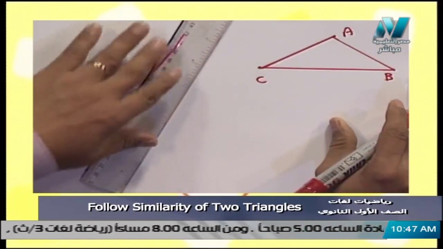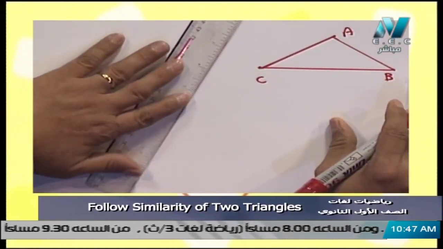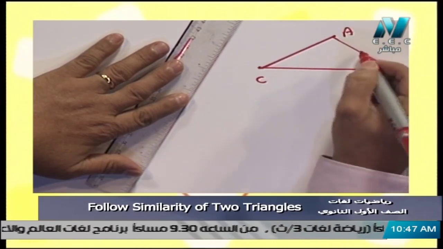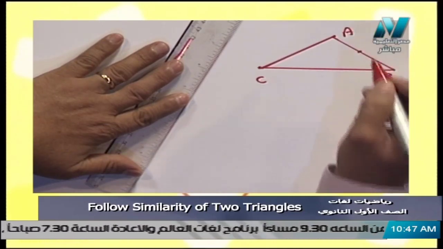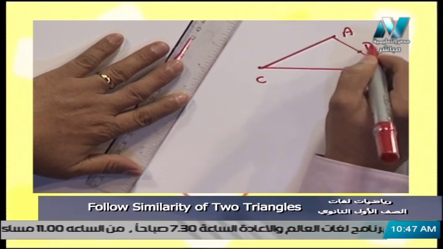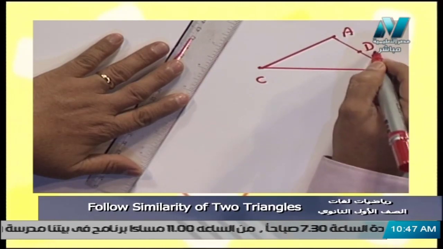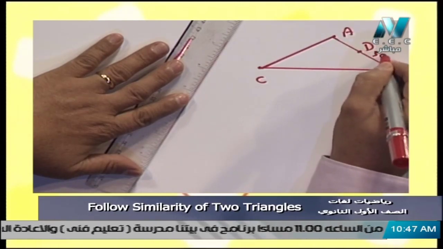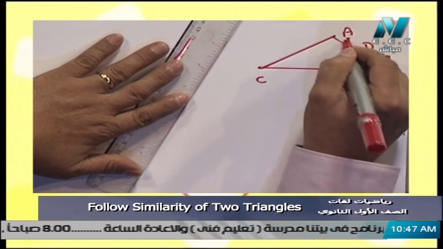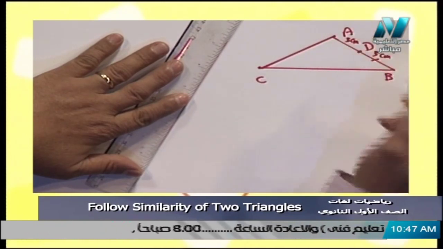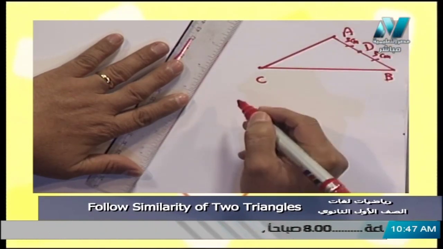Okay, and let's bisect AB by the bisector point D, and DB equals 3 centimeters, and DA equals 3 centimeters also. So DB equals DA.